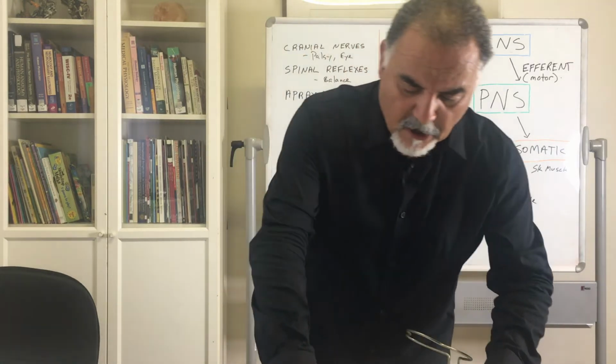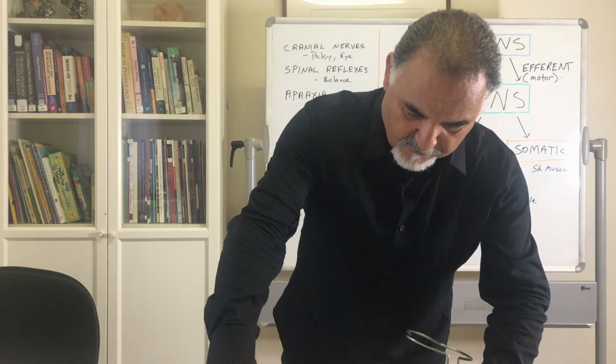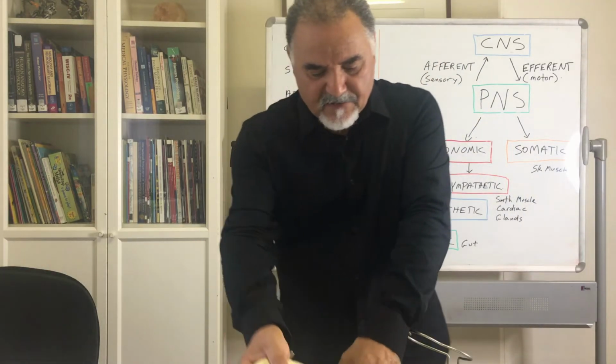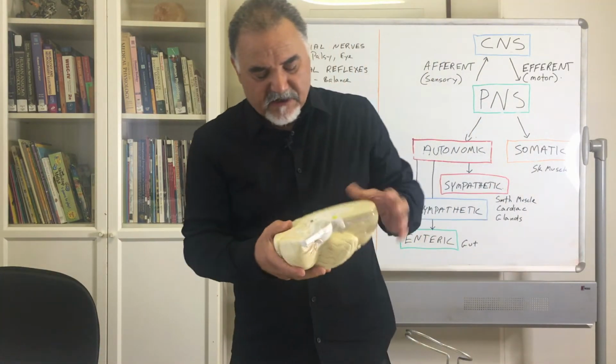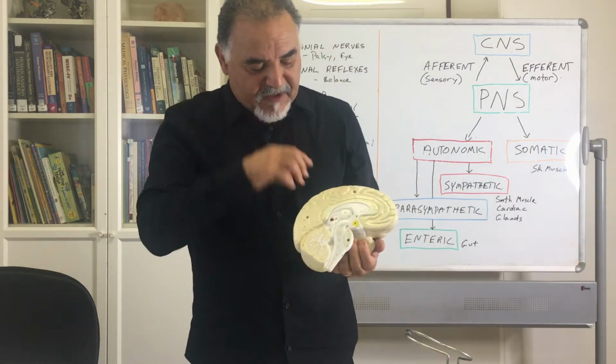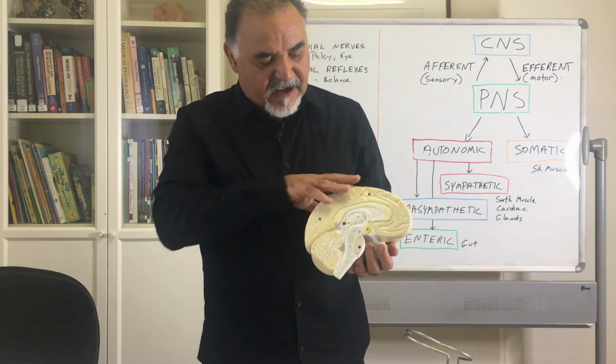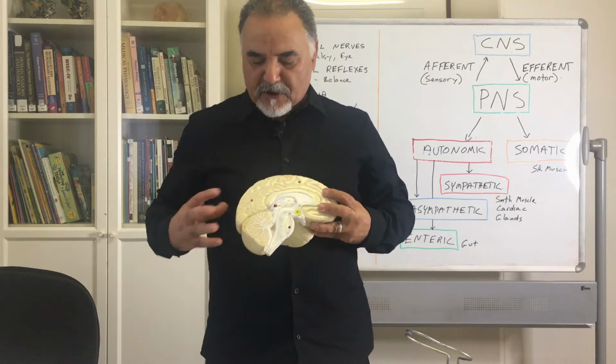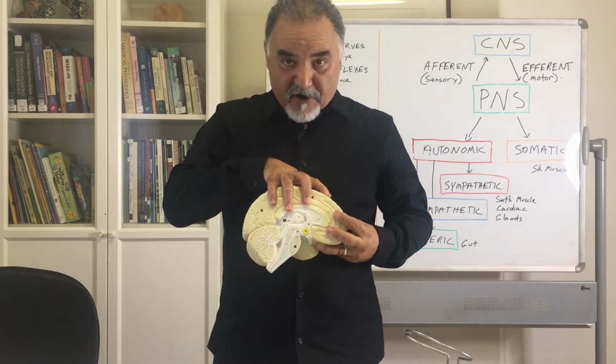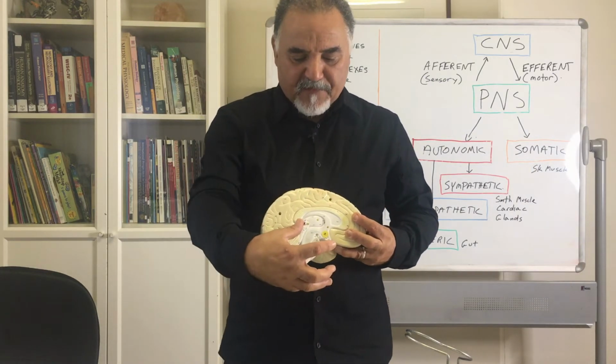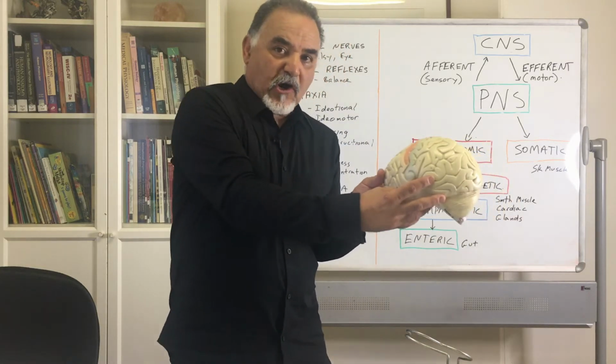Okay, let's keep moving and talk about some of the other structures that we have here very, very quickly, because time is catching up with us. When we look deep into the brain, again, here's the frontal lobe, the occipital lobe, the parietal lobe, and then we've got our temporal lobes off to the side.